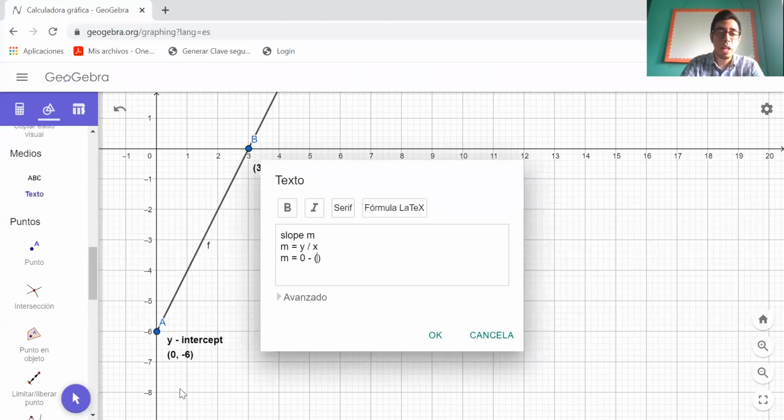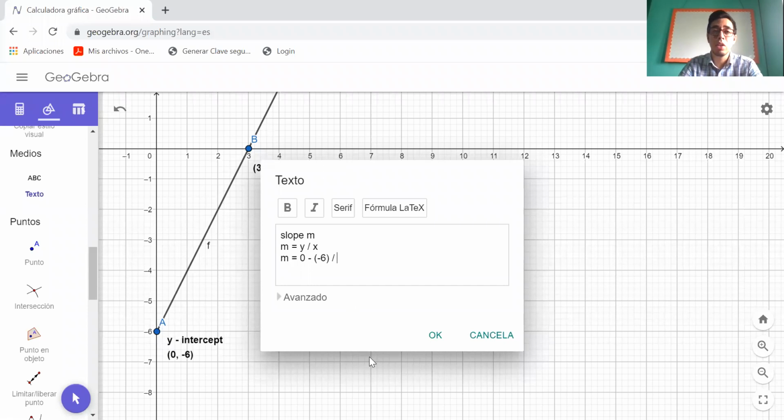Negative 6, right? This point we have in here, the negative 6 for y, minus negative 6. And this is going to be divided by the values of x. I'm going to do it in this way. I hope that you understand that the slash represents the division.